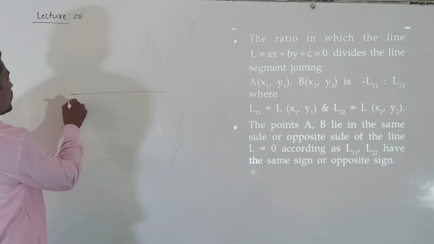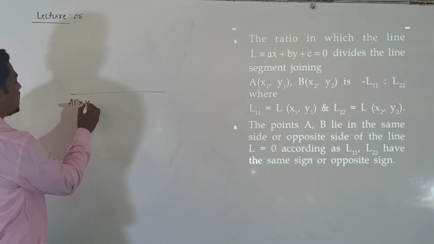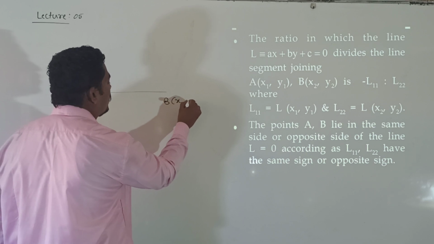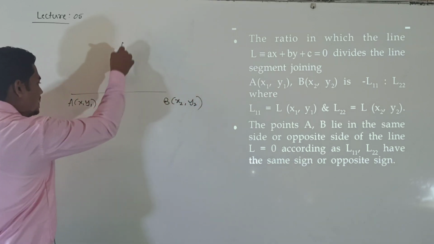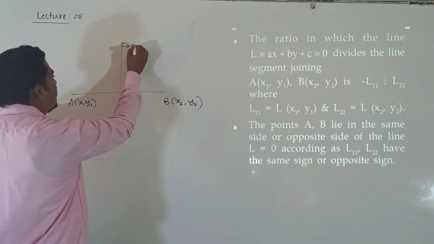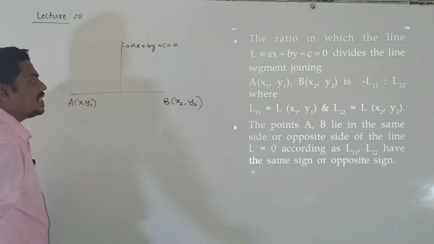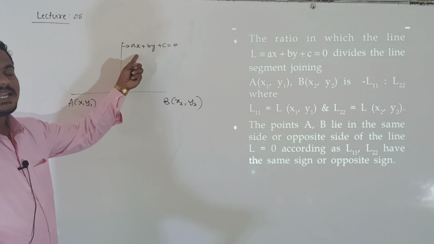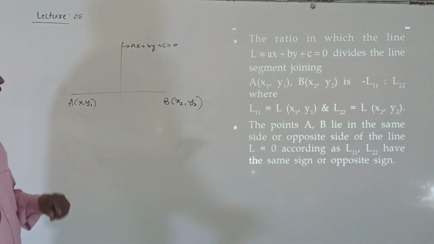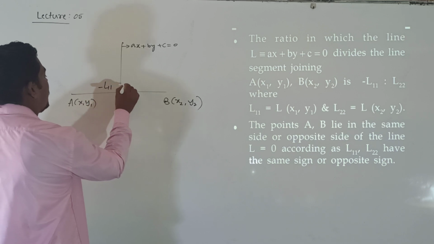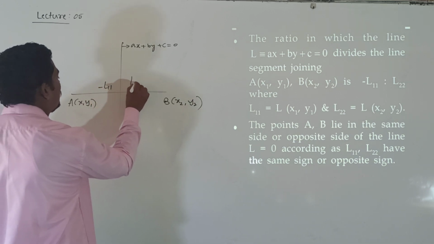Suppose point A is x1, y1 and this point is x2, y2, and this is the line ax plus by plus c equal to 0. In what ratio does this line divide the line joining AB? That is minus L11 is to L22.